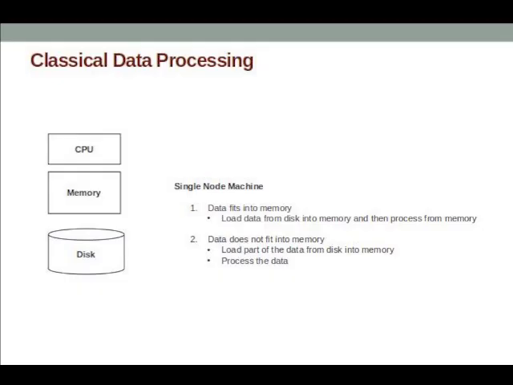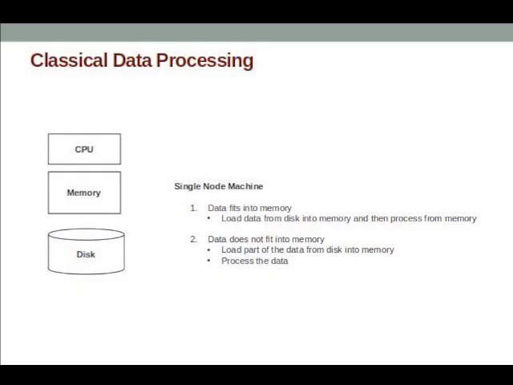Classical data processing is a technique of traditional programming computation where the program initially resides in the disk, particularly the secondary disk, and then the program transfers to primary memory, and is then processed in the CPU. This particular technique is called classical data processing, where the data fits into the memory.